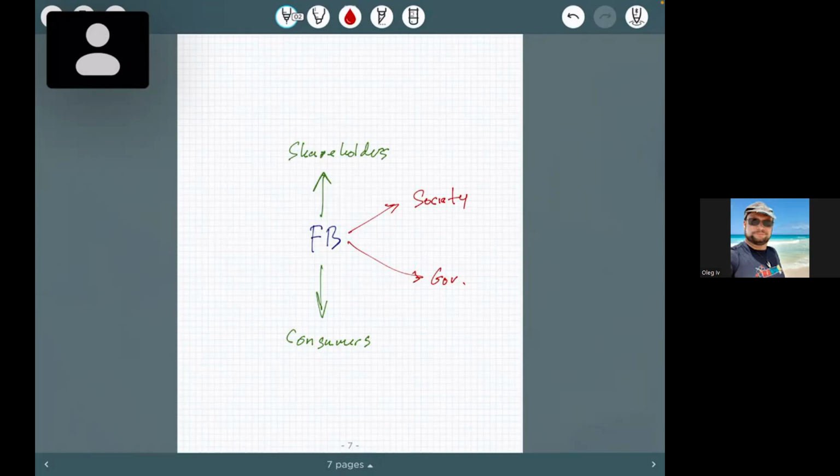But society in general had a lot of issues because of Facebook. There is a great documentary on Netflix, The Social Dilemma. If you haven't seen it, it's a must see, about Facebook and how Facebook ruins society.